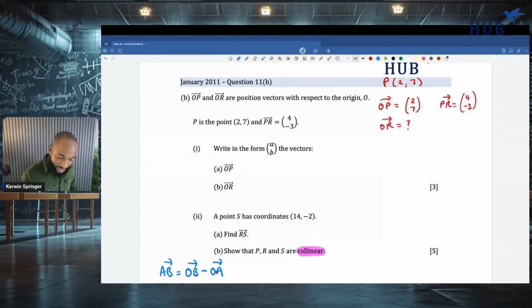So in this case, I'm missing a position vector, but I have the related position and displacement vector. So I can write that PR should be equal to OR, and notice how the second one comes first, minus OP. Chances of you using this formula in the exam is very high. Learn it. This is the triangle law.